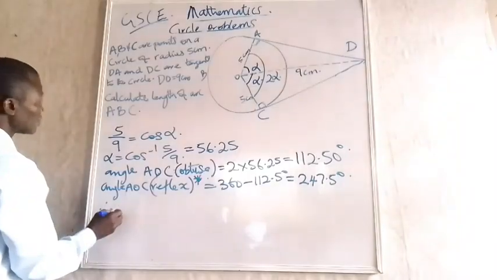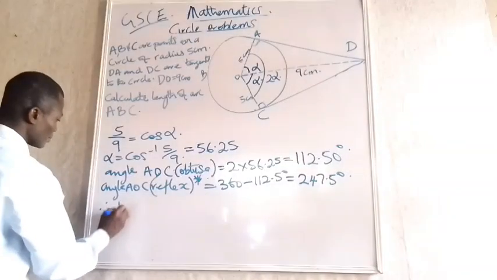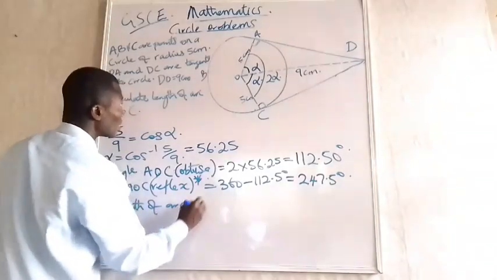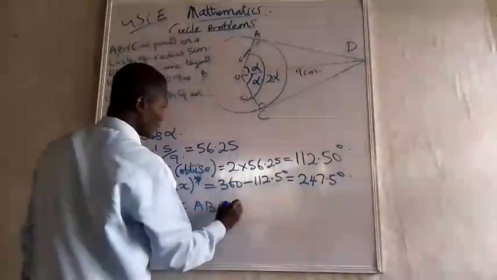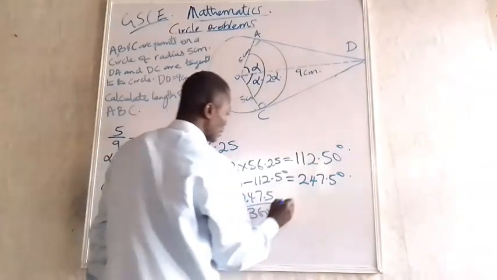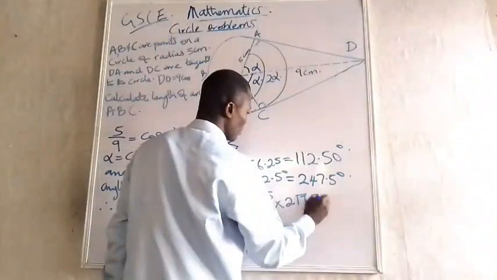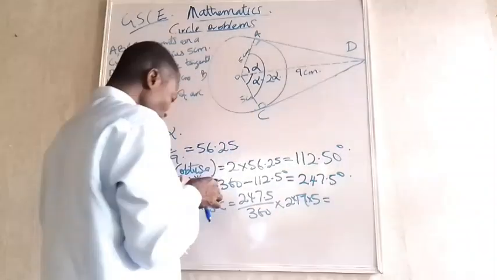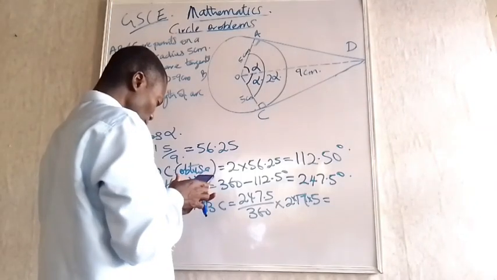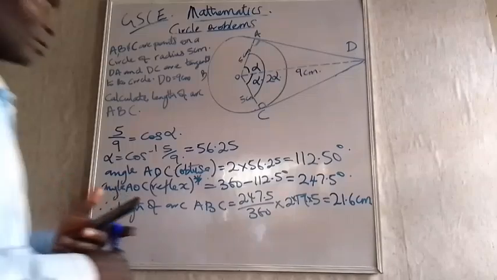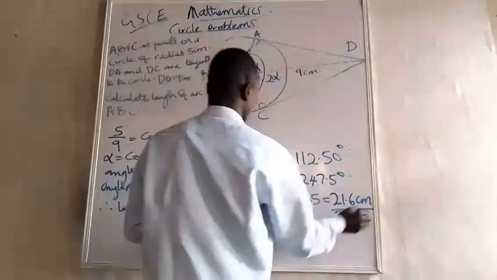Therefore, length of arc ABC is equal to 247.5 over 360 times 2 pi times 5, and that is 21.6 centimeters.